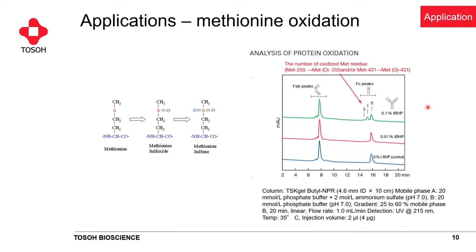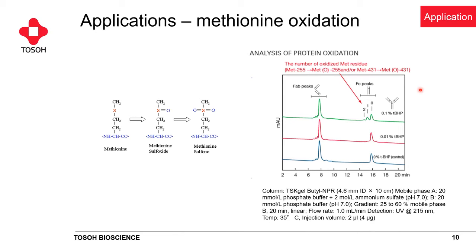And what we see best here in the top green chromatogram, which was exposed to the highest concentration of the oxidative reagent, is that for the Fc peak we find not only one peak, but actually three.